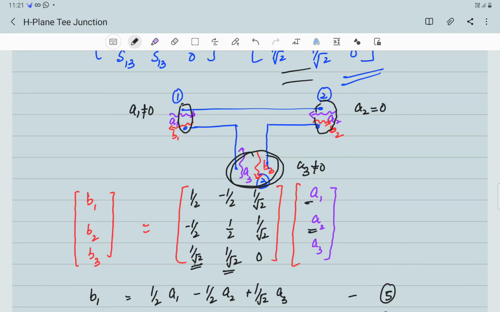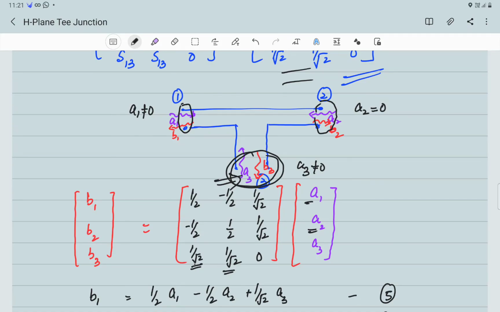We connect a source at port 3, and we are connecting loads at ports 1 and 2, assuming that the loads are matched to the port impedances. Or in simple words, we connect a source at port 3 and we are not connecting anything at ports 1 and 2.